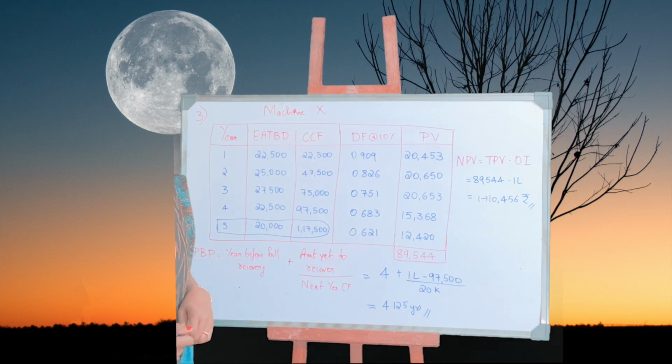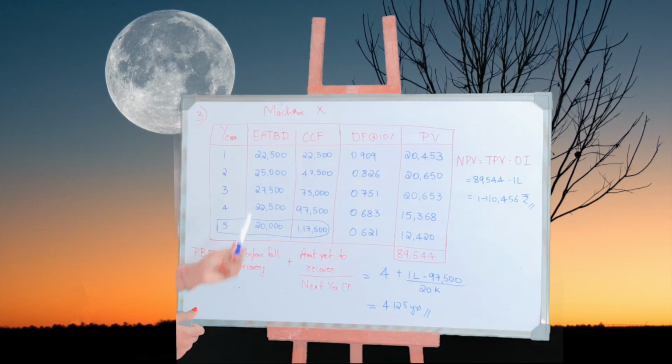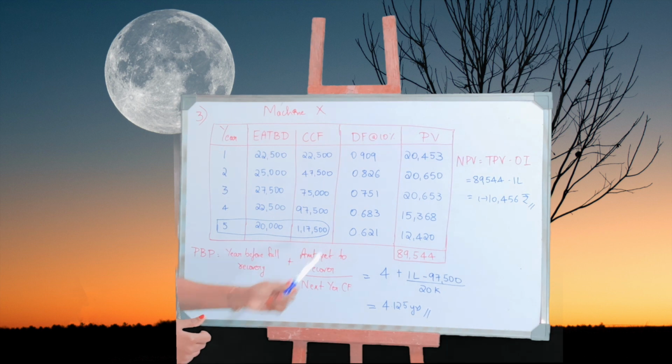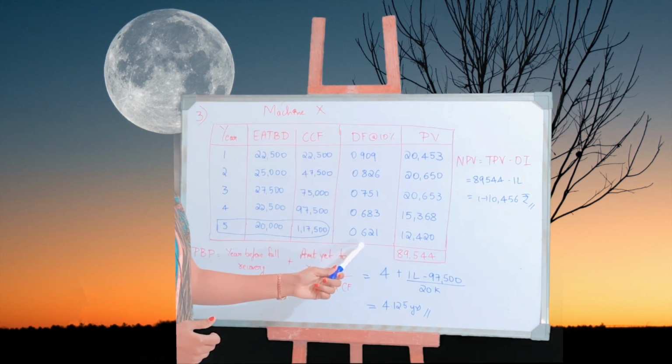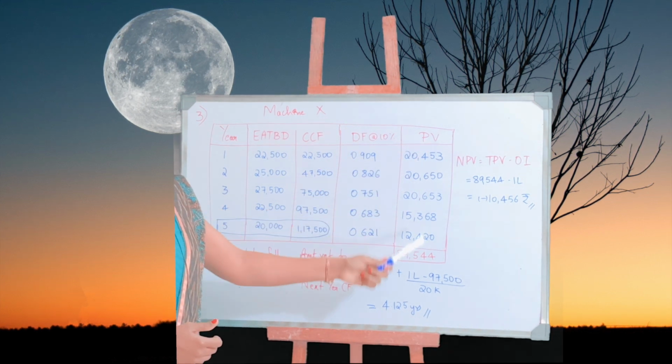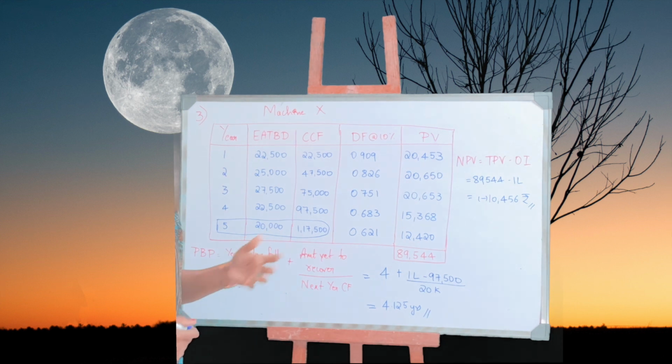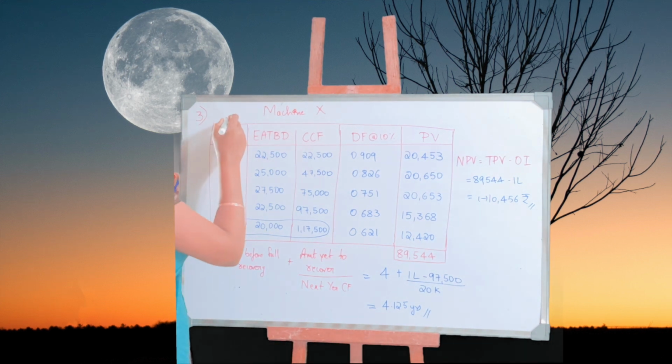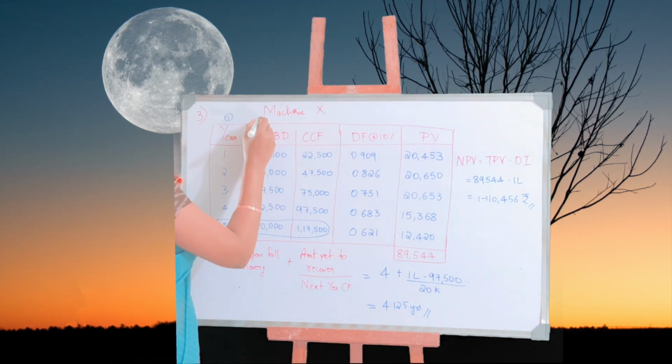Moving on to the net present value, same year and the cash flows I need to consider, that is discount factor at 10% rate and PV. Now if you want better understanding, again you can number the columns over here.